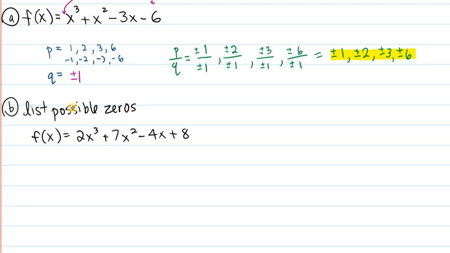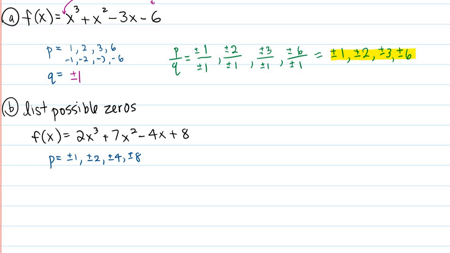Here P, the constant, is 8. So the factors of 8 are going to be plus or minus 1, plus or minus 2, plus or minus 4, plus or minus 8.